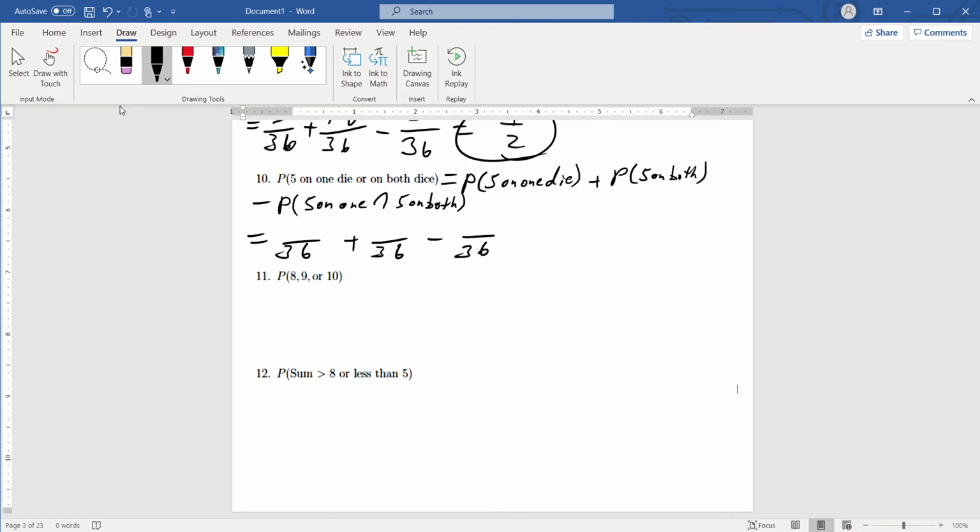So start off with a 5 on one die. Okay, so I don't care which die it is, I need a 5 on one of them. Here we're good, so 1, 2, 3, 4, 5, 6. Here we're good. So 1, 2, 3, 4, 5, 6, 7, 8, 9, 10, 11.